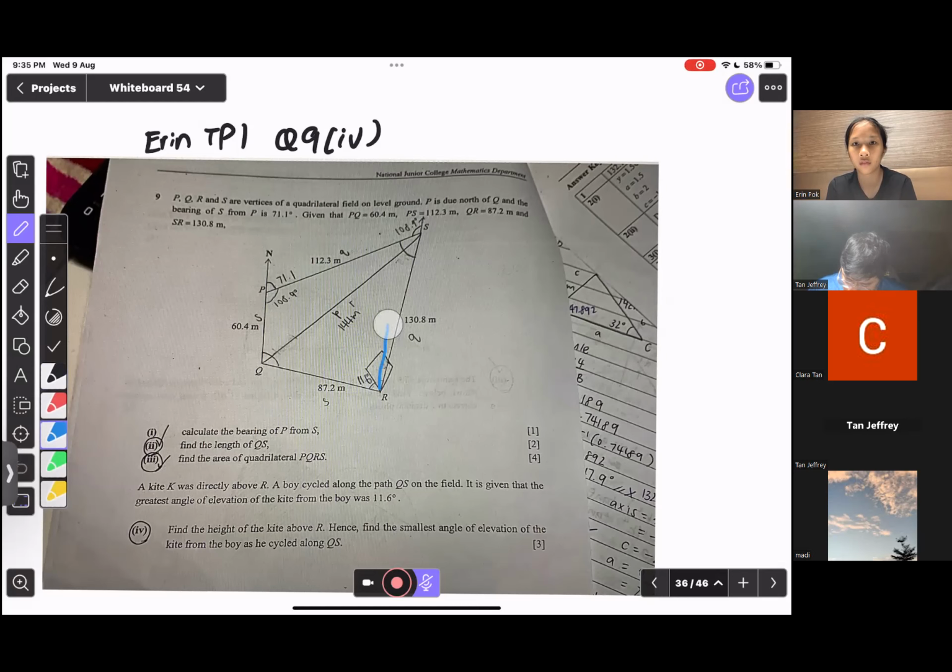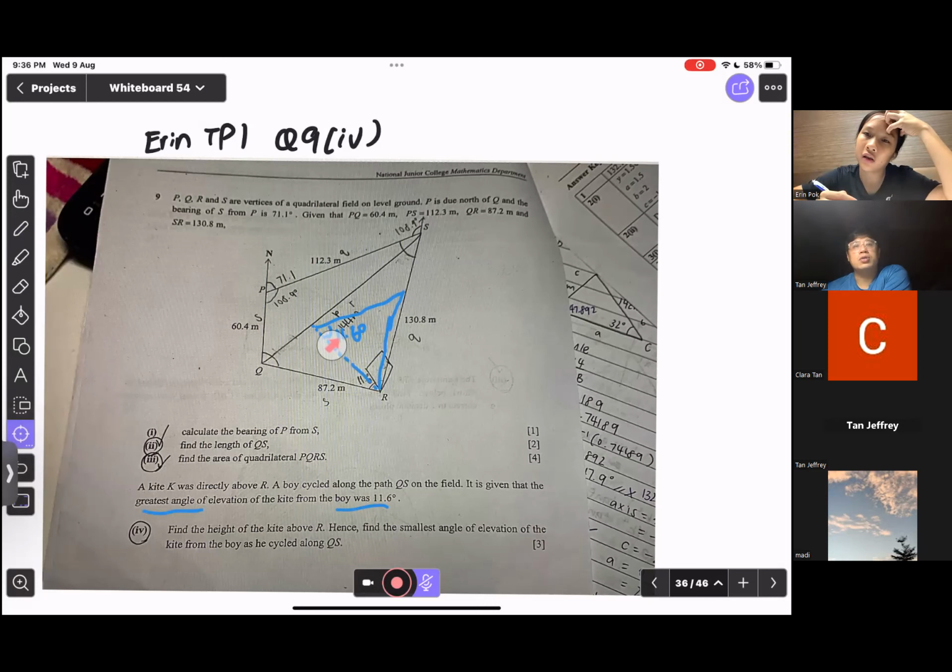So there's a height here. There's this part here. Oh, the greatest angle of elevation is 11.6. This is 11.6 degrees.